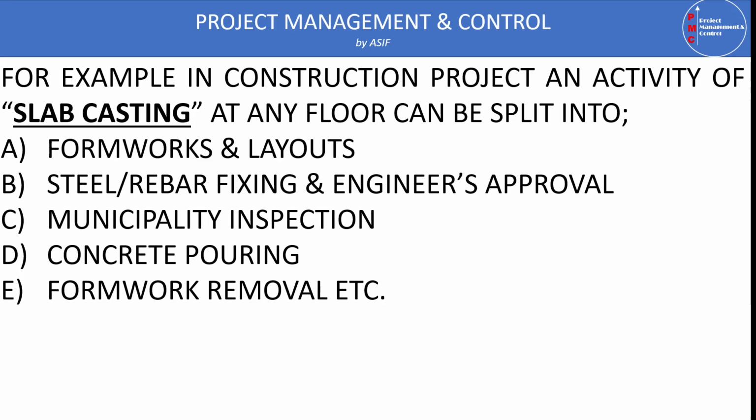So this slab casting activity can be divided into 4, 5, 6 activities and more, depending on our project, and what is the effect? If our project is a high-rise project of 50 floors or like this, and we add these five activities, it means that we are going to add 250 or 300 activities to our project.